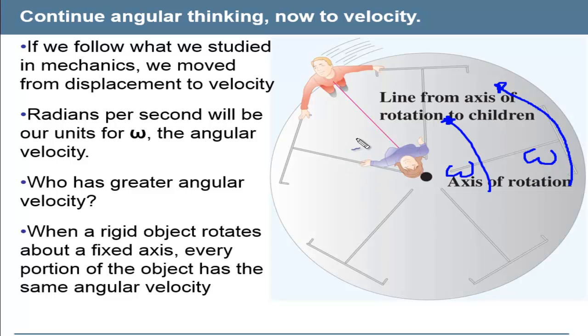Every point has the same angular velocity. Even a point over here goes like this. This is the same angle and angular velocity omega. Same thing here, same angular velocity omega.